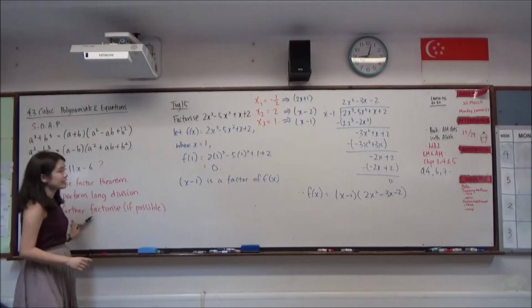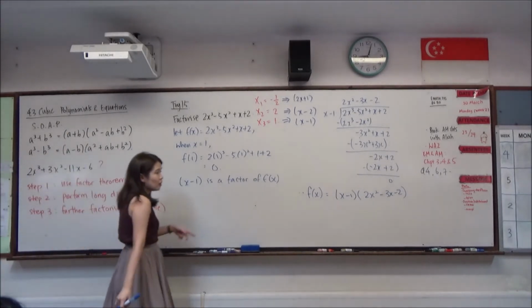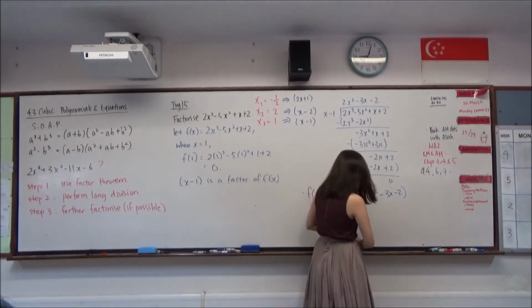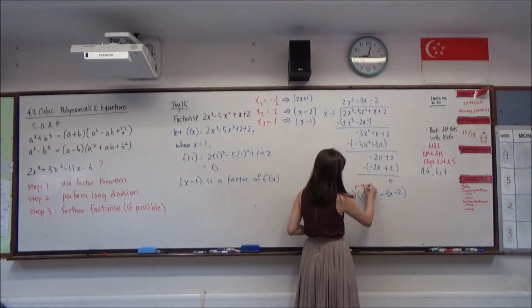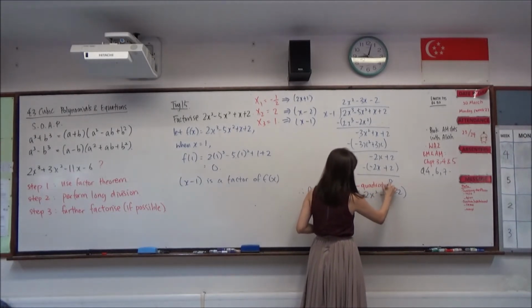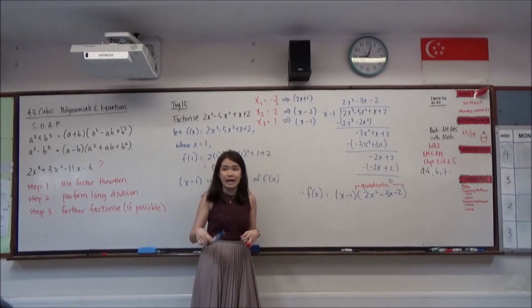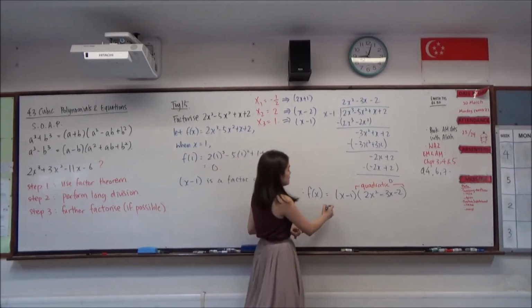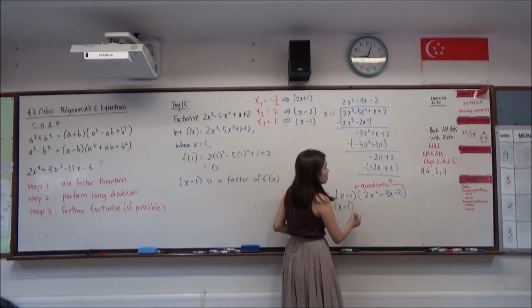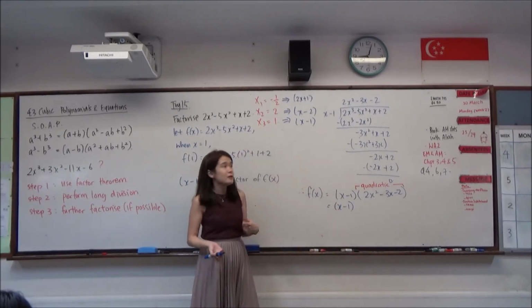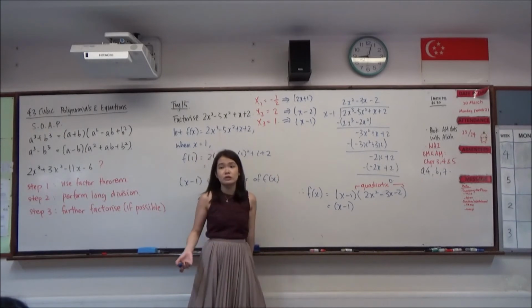Okay, then where does step 3 come in? For every quadratic factor, this is a quadratic factor, we must always check to see whether it can be further factorized or not. In this case, surely it will be able to further factorize because I know there are 2 other solutions, right?